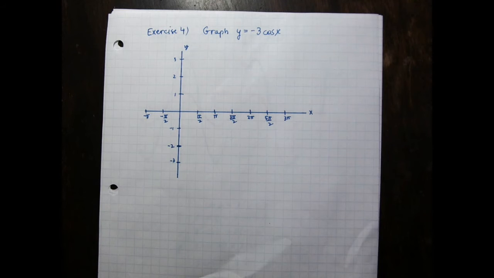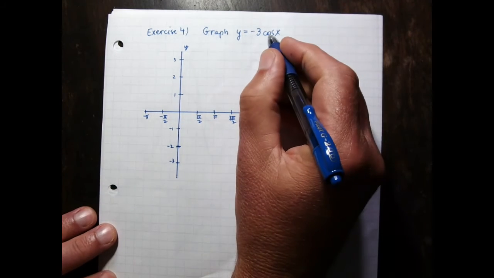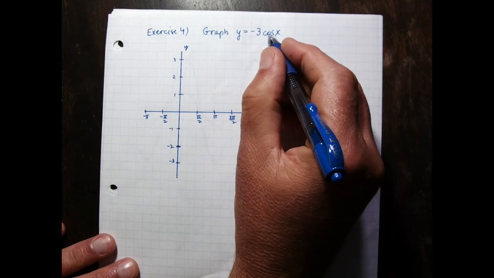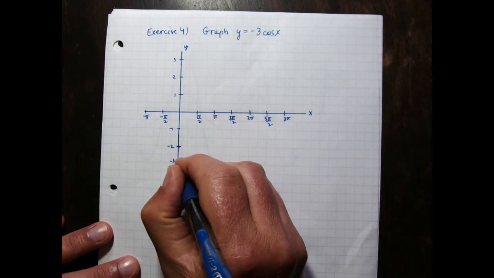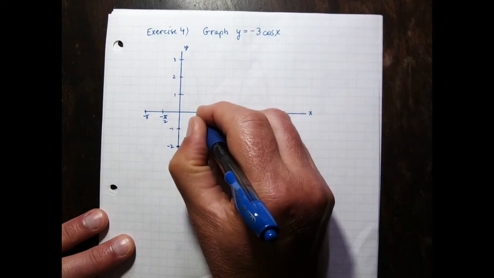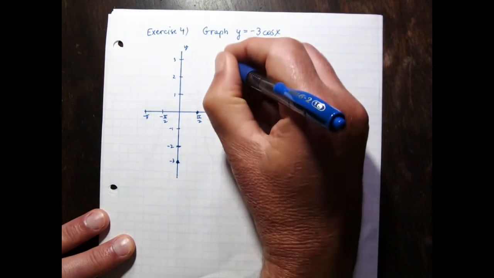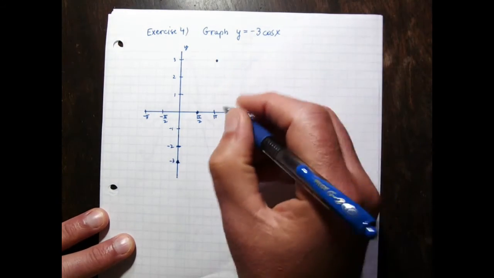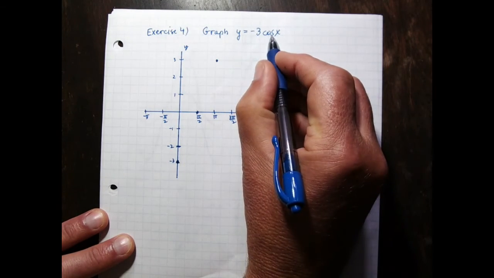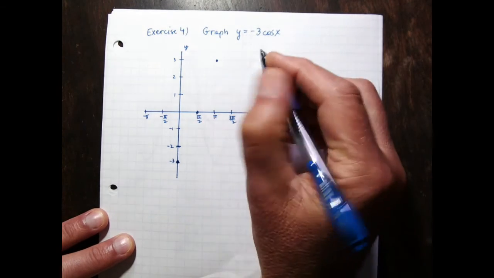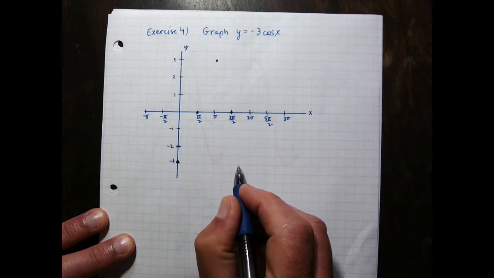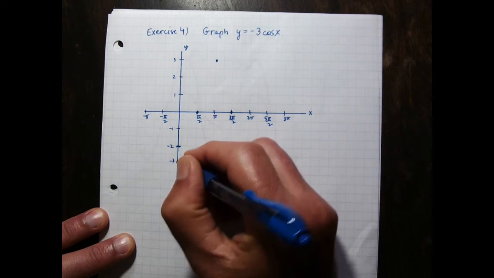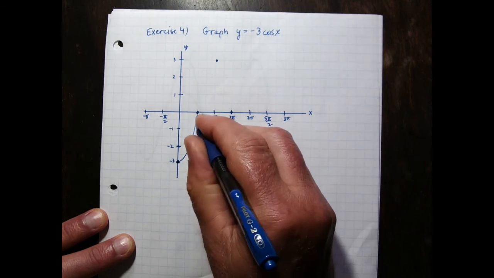So if I take negative 3 times cosine, at 0, I'm going to get negative 3 times 1, or negative 3. So I start out down here. Pi over 2, I'll be 0. At pi, I'm going to get a positive 3, because negative 3 times negative 1 will give me a positive 3. 3 pi over 2, back to 0. At 2 pi, I'm back to negative 3 on this graph.